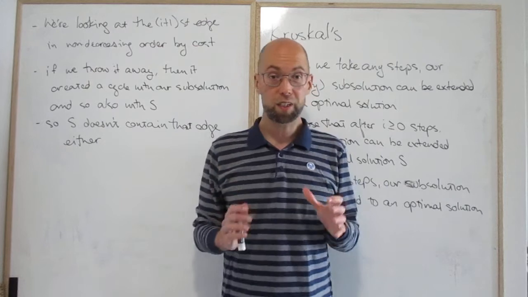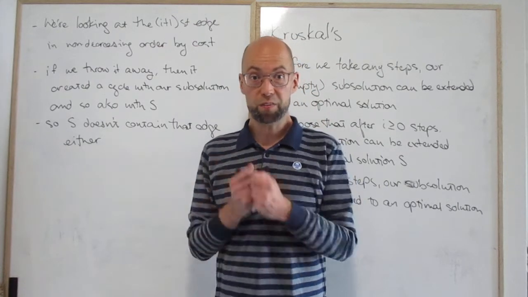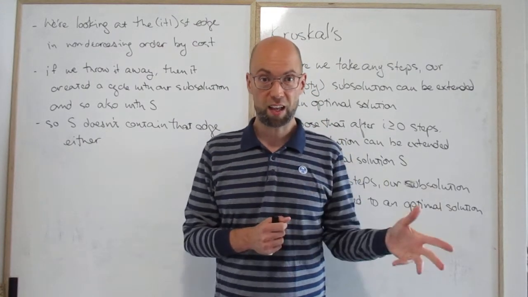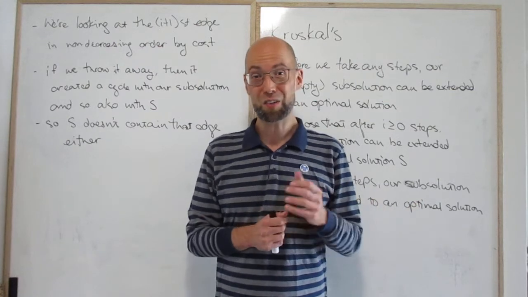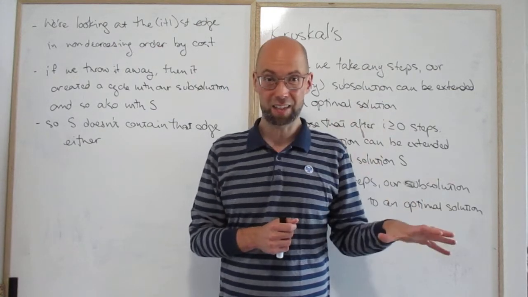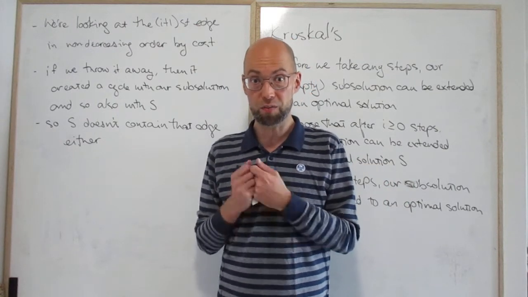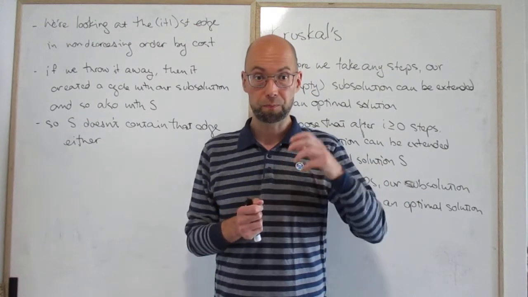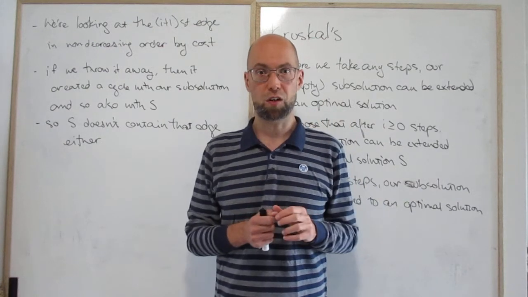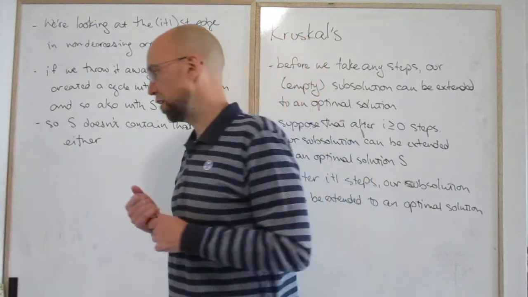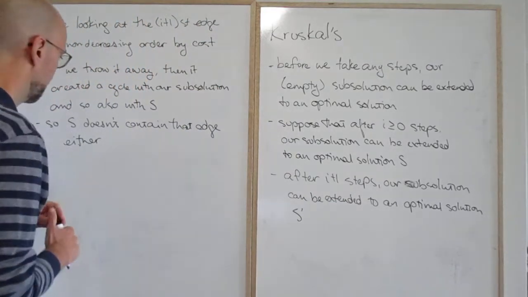Well, we're just worrying about this one thing. We've taken this one edge, and S hasn't, and now we're going to say that we could take S and change it around so that it contains this one edge that we've taken, and we haven't increased the cost.